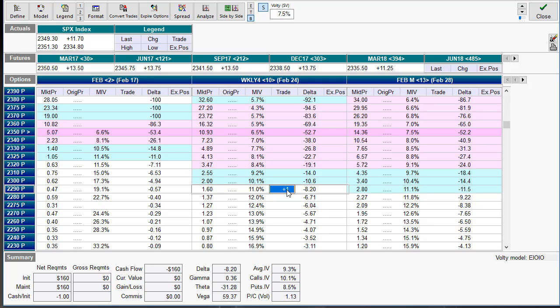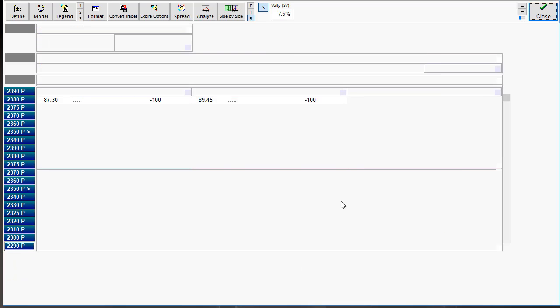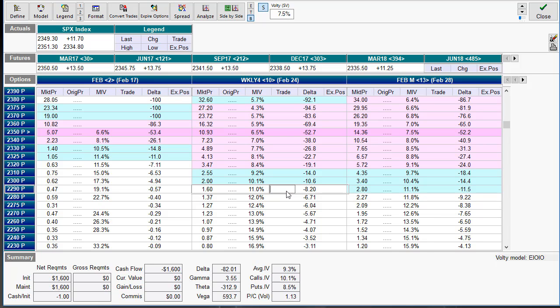protect that. And then of course, obviously, if you are protecting a much larger account, well, then you just change the number of contracts to create the same kind of profile. That is one simple way to do that. Out of the money puts is one way to do that.